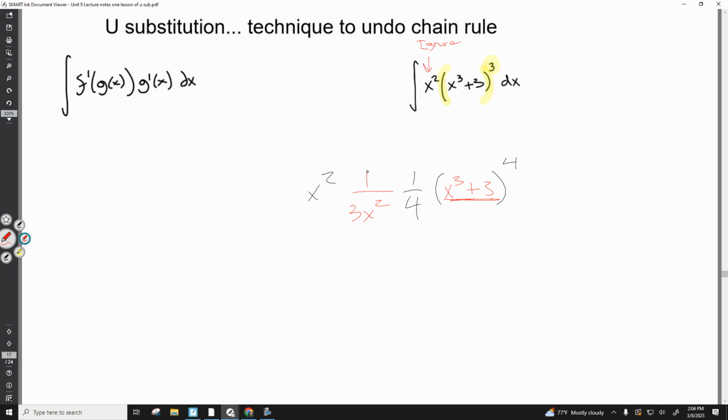Now, why did Mr. Messner say ignore the x squared? That's a product, Mr. Messner. There's got to be a special rule for it. Because when you focus on the chain, you will get rid of the product. The x squareds will go away.